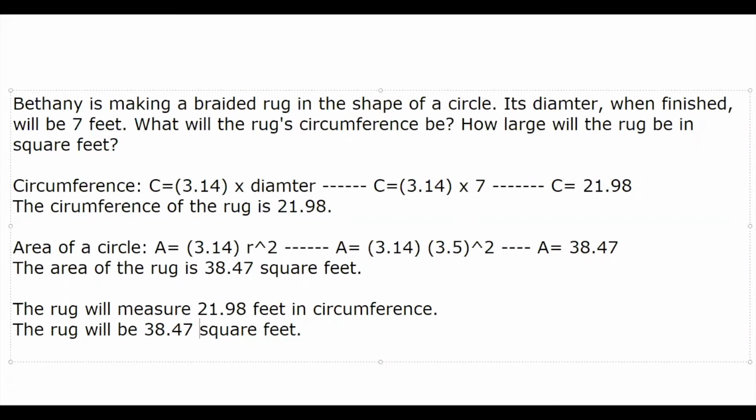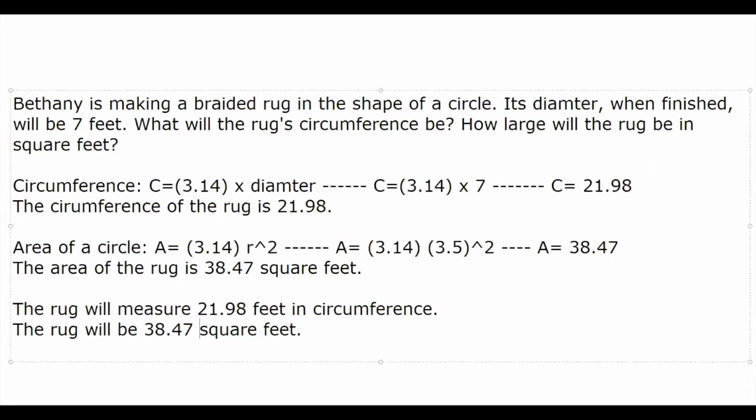Again, pi times diameter. You could also do 2 times pi times r, which is the same thing as pi times diameter. But I just use pi times diameter because it's a little bit simpler for you guys to understand. So basically all I did was plug in 7 for the diameter because it says its diameter when finished will be 7 feet. And so your circumference is 21.98.